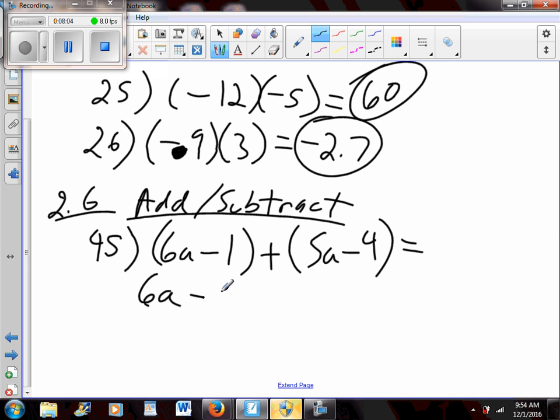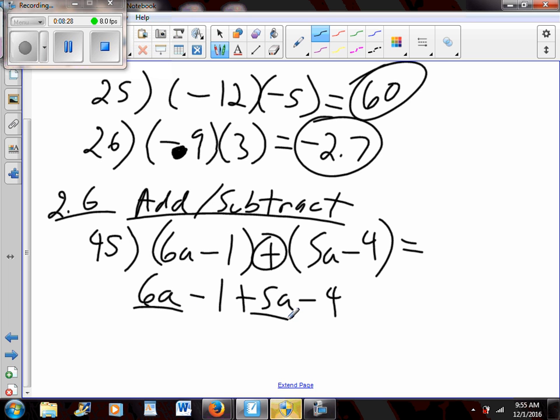Rewrite the problem without parentheses. All right? Remember, if there's a negative in front of any set of parentheses, and luckily right here there's not, that will end up changing the sign on everything in the terms inside the parenthetical expression that comes right after. But right here, that's not an issue.